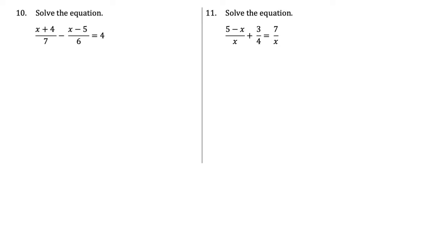Number 10. With this one, it looks like here you start out with multiplying by the least common denominator. And that least common denominator is going to be 42. So I'm going to multiply every single part by 42.